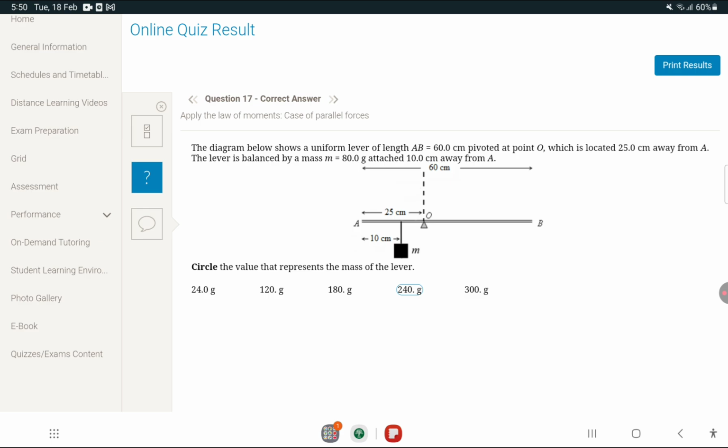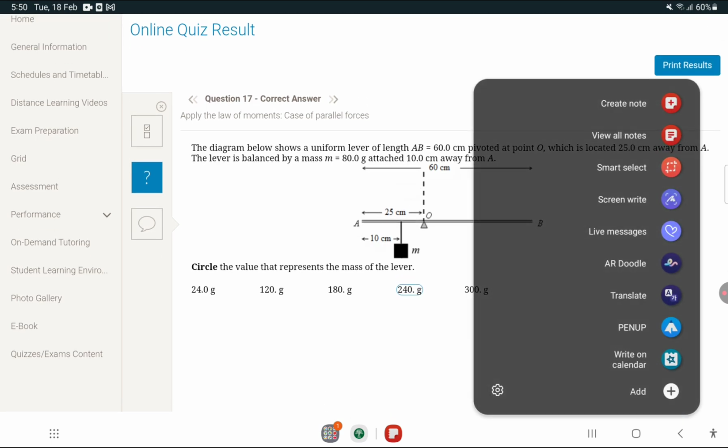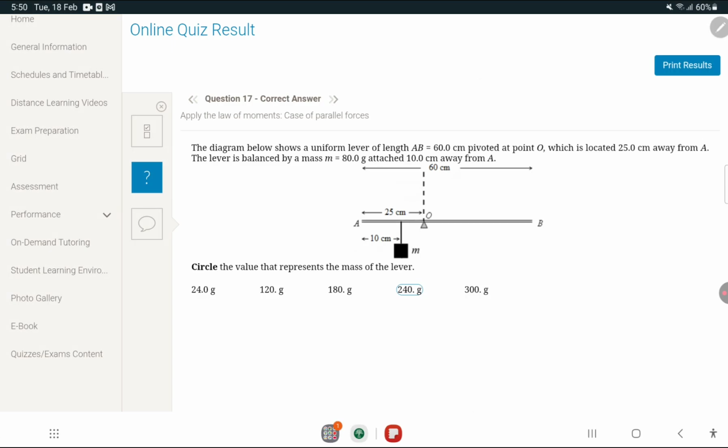Okay, this one might seem challenging, but in reality it's really easy. The diagram below shows a uniform lever of length AB, 60 centimeters, pivoted at point O, which is located 25 centimeters from point A. The lever is balanced by a mass of 80 grams attached 10 centimeters away from A. Look here, since they want the value in grams, we don't need to convert it to kilograms.